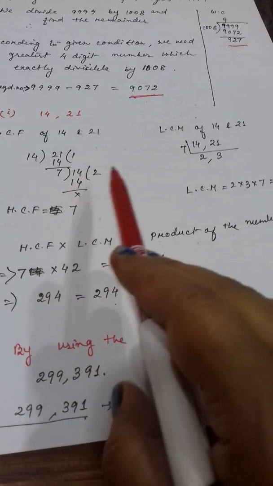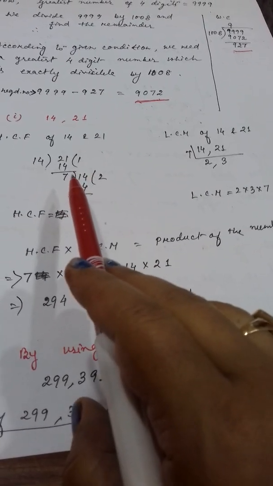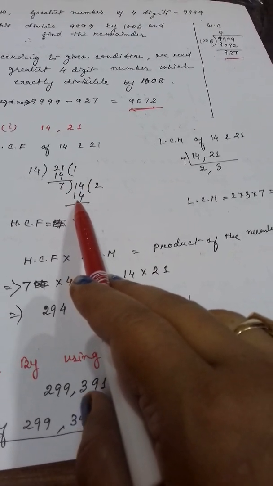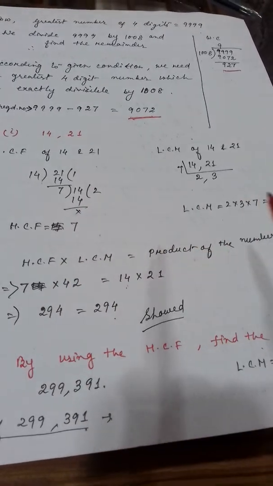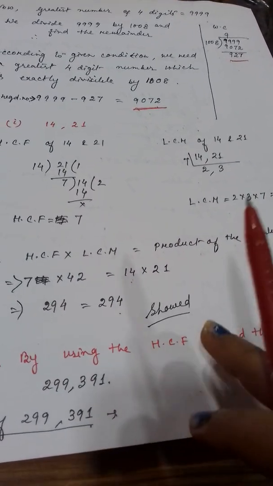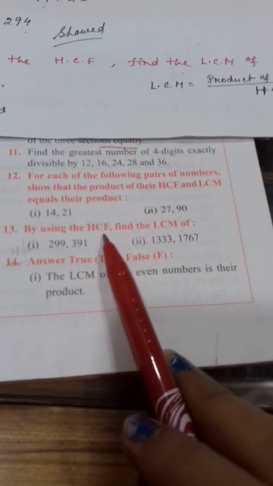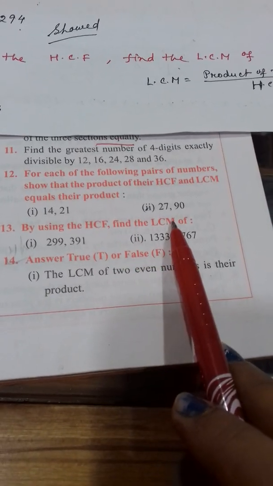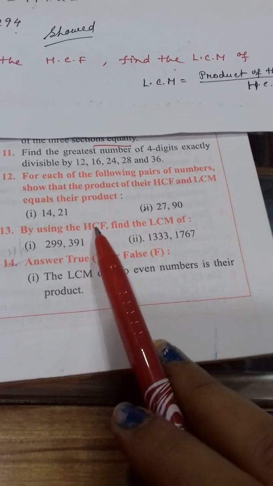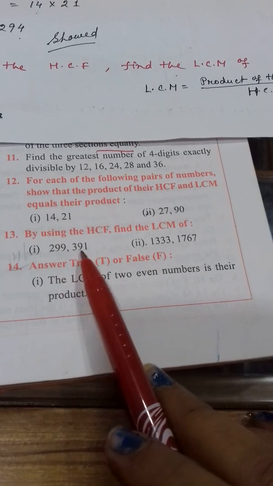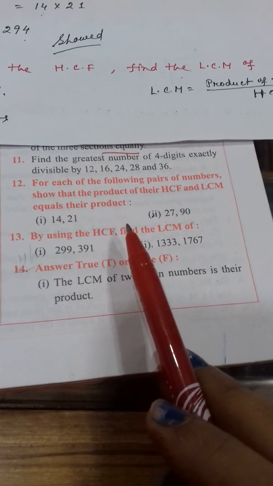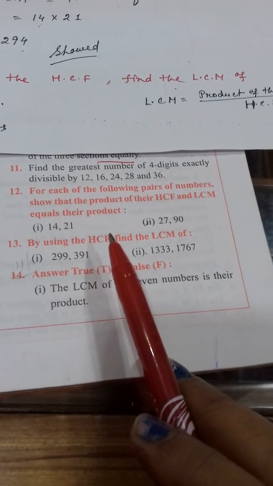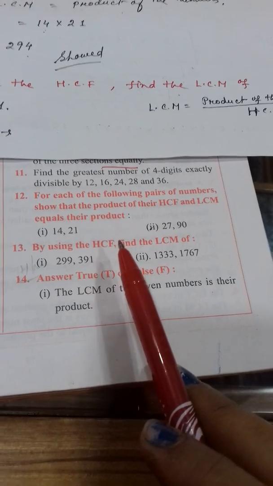Have you noticed, I always applied the continuous division method for the HCF and the common division method for the LCM. When you solve word problems, it will be easier for you. Clear? Question number 13 says, by using the HCF, find the LCM. At first you have to find the HCF of these, then use the formula I gave you: the product of the numbers is equal to HCF into LCM.